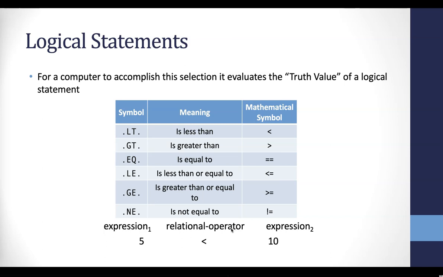Of course it's a true statement, right? 5 is less than 10. And so this overall expression would get the value true. Recall that we have a data type that can be logical, although we don't have to define these things necessarily as logical, but logical statements can be true or false.